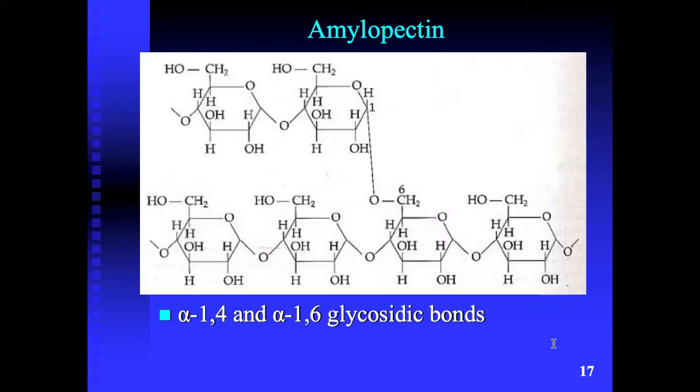And then here is amylopectin. This is the branched form. So amylopectin has alpha 1 to 4. There's our alpha 1 to 4. And some of the glucose molecules have an additional glycosidic bond that is an alpha 1 to 6. That's a branch point. Remember all that? So what's more common in starch? Amylopectin.